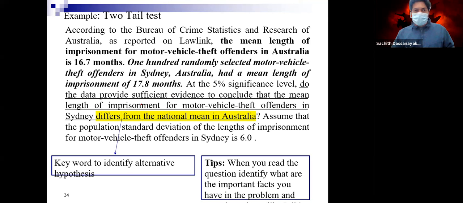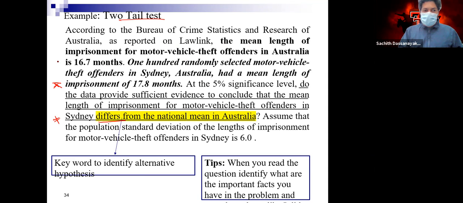What kind of test is this? It says differs from the mean, not equal, so it is two-tail. Let me show you what the numbers are.